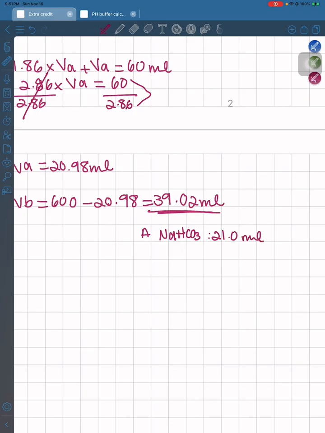And for our base, sodium carbonate, we can go to 39.0 milliliters. So we round this one down.